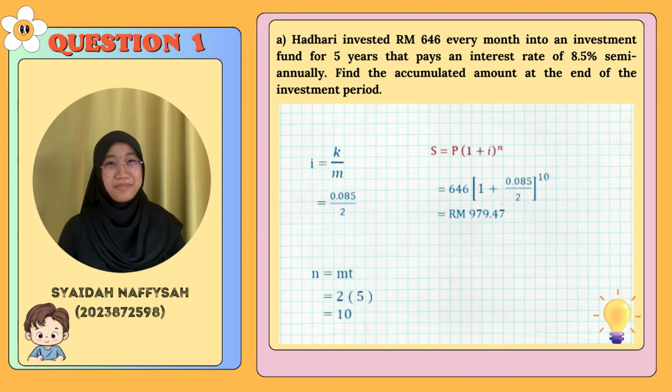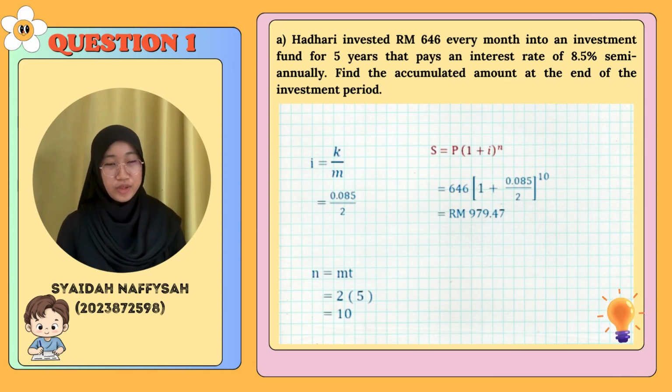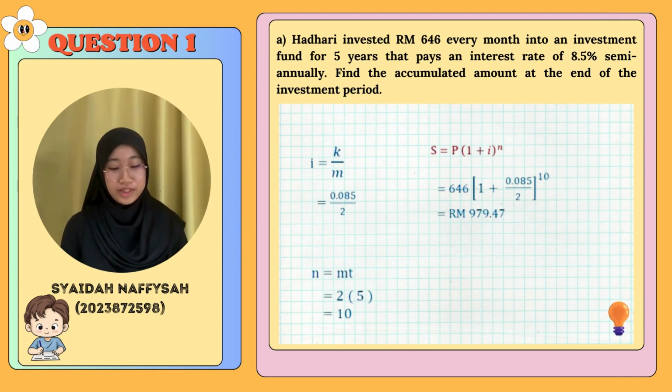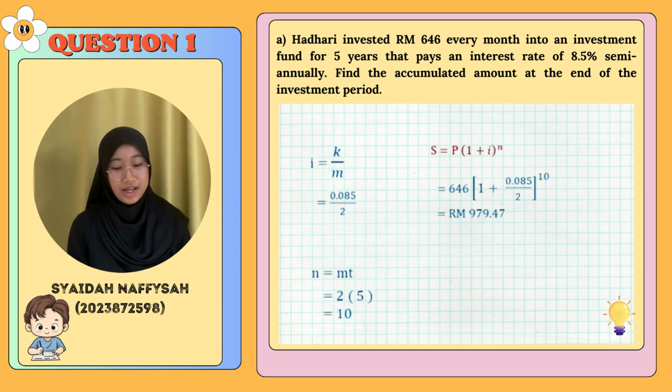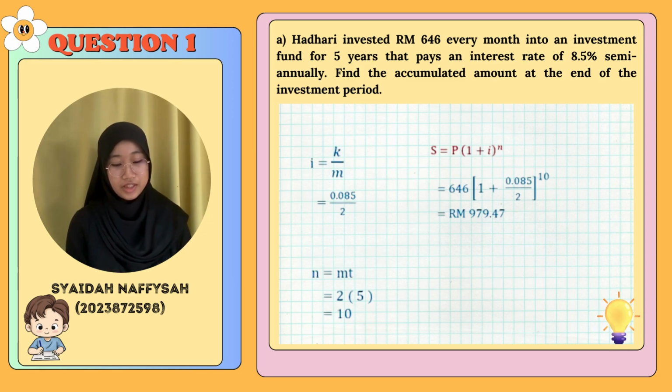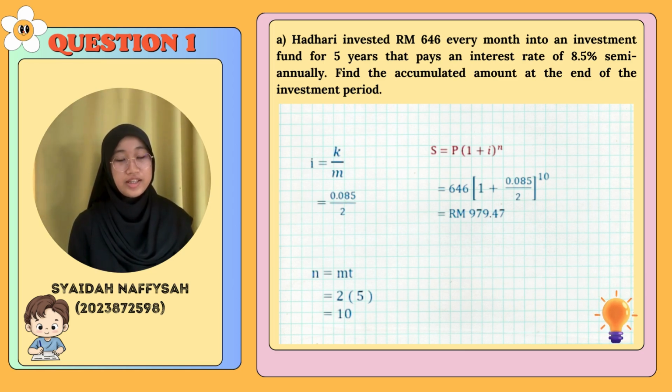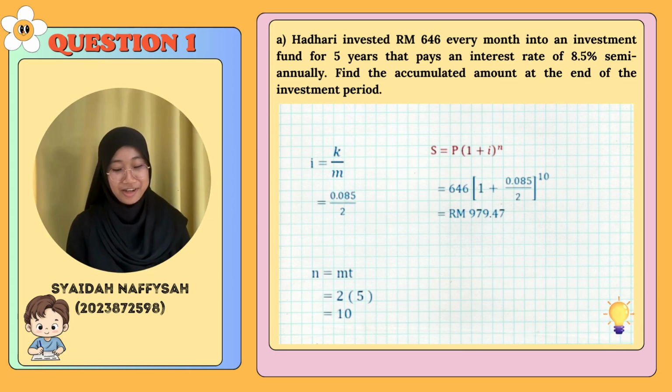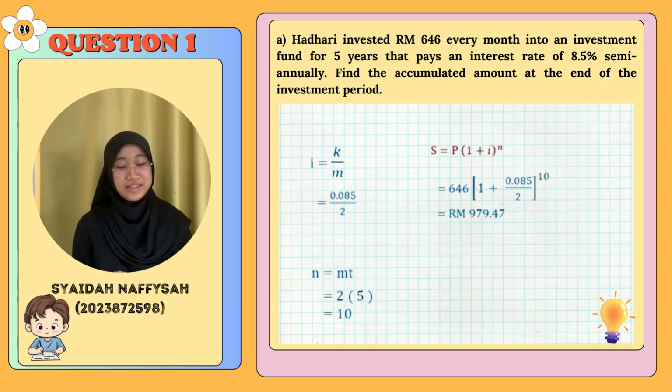Let's begin for part B. For question 1A, we need to find the accumulated amount at the end of the investment period. First, i equals k per m equals 0.085 per 2. Then N equals mt, which is 2 multiplied by 5 equals 10.